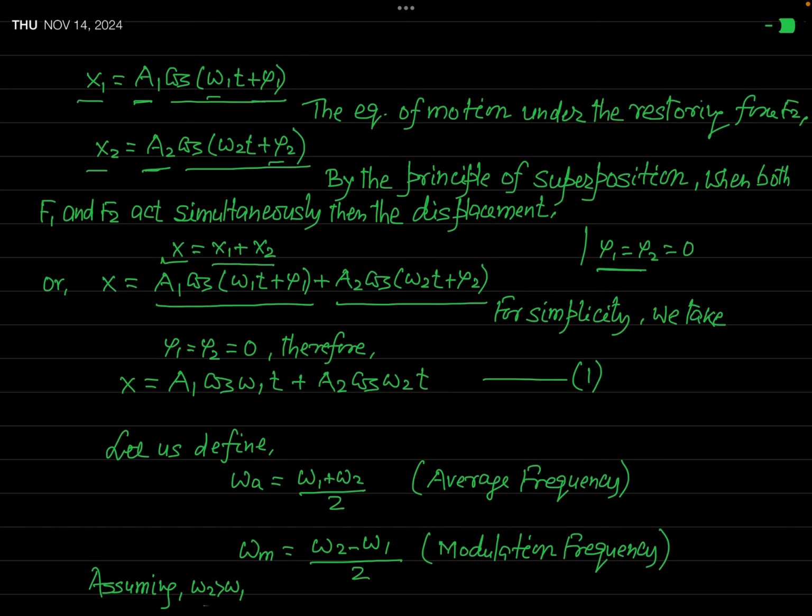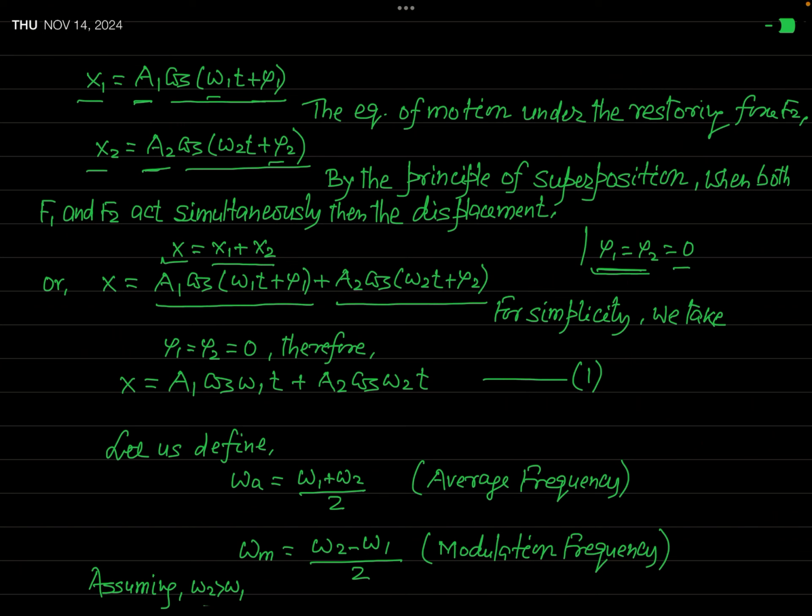In fact, we could take the initial phases to be different and non-zero, but a finite initial phase difference only adds to the mathematical complexity and is in general not of major significance in this present case. So our physical result will not be affected when you take both phi 1 and phi 2 equal to 0.